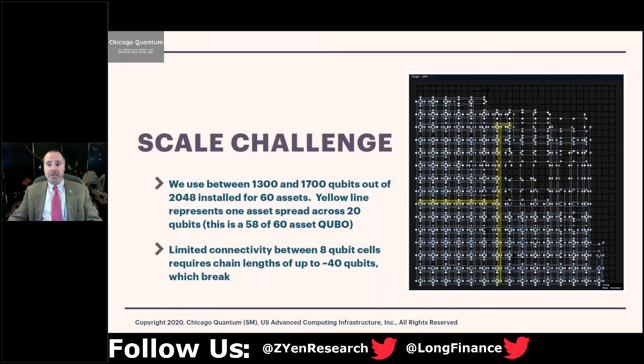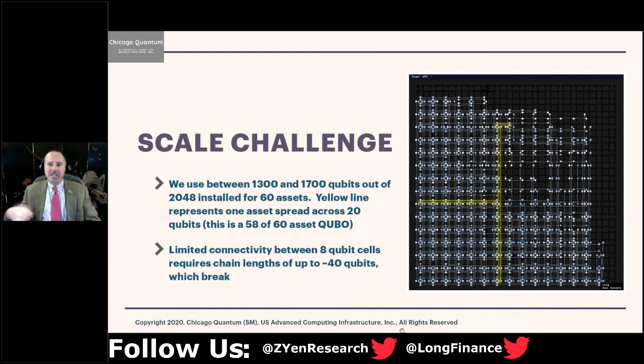Another scale challenge is if we just run out of qubits. The D-Wave has 2,048 qubits. Right now, 2,030 are operating for the system that we use. This chart shows the 60 stocks as they're laid out, and the yellow lines show one stock. So for one stock to talk to every other stock, for the variance covariance terms to be connected, you need to repeat that stock over and over again.